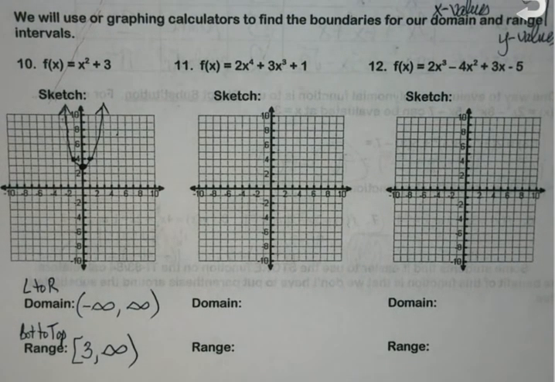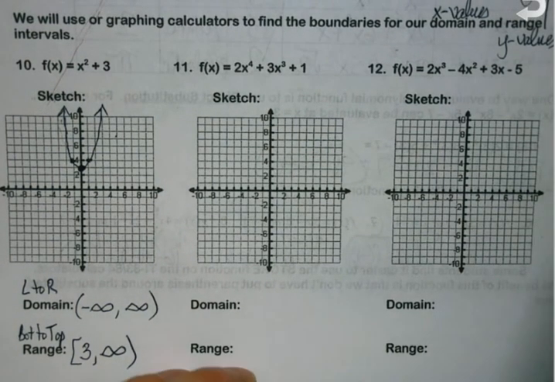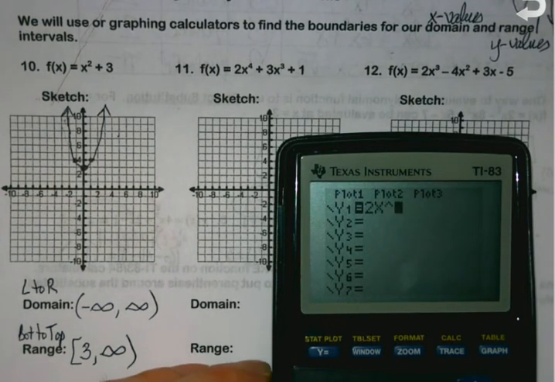So don't make these crazily difficult, because 3 would be included as one of my values as I'm starting to head up. If it weren't included, then we'd have to use the parentheses. But with these, the bracket's going to be necessary. And as I do some of the other ones, all I'm basically doing is I want to get myself a sketch.